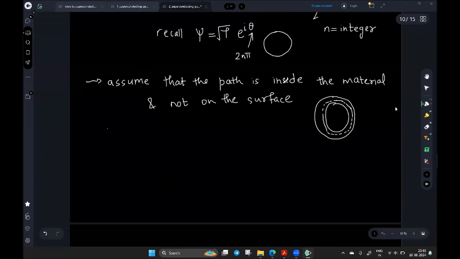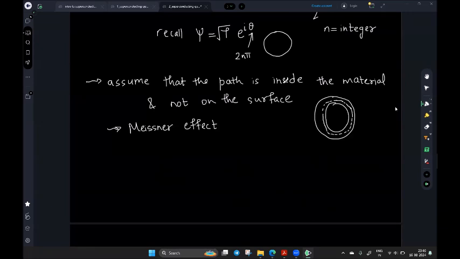Now next, I'm going to use the Meissner effect to imply something very important. Because of the Meissner effect, the interior of the superconductor will have zero magnetic field, which means that the current density inside the bulk of the superconductor is actually zero, and Js is present only on the surface of the superconductor. Now, this is a very important observation.